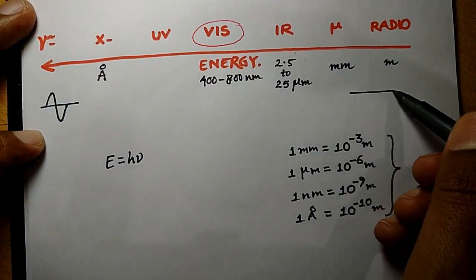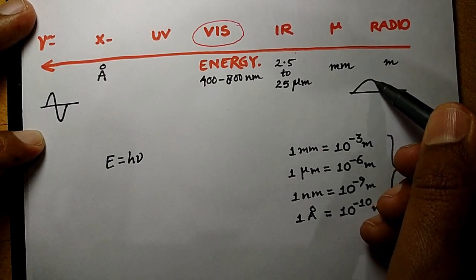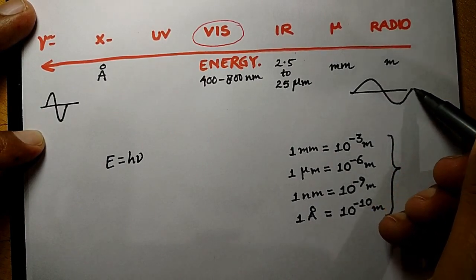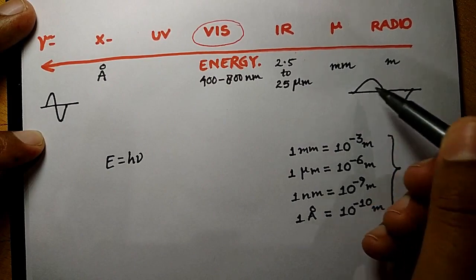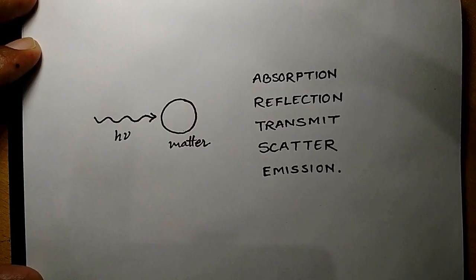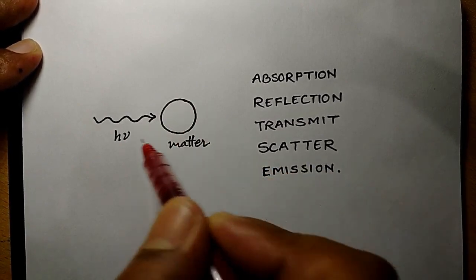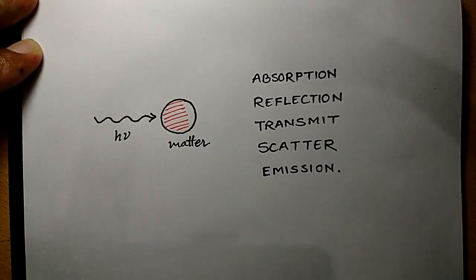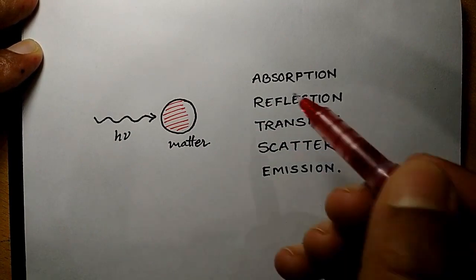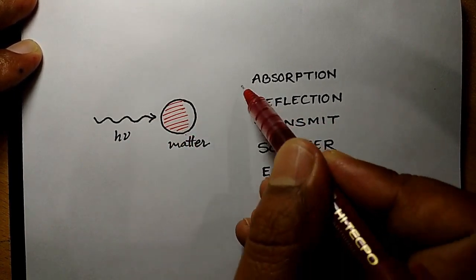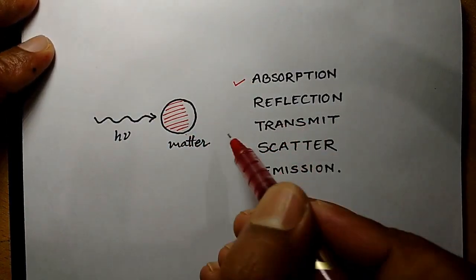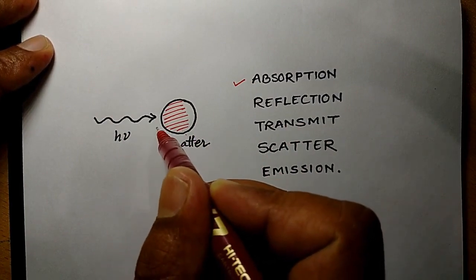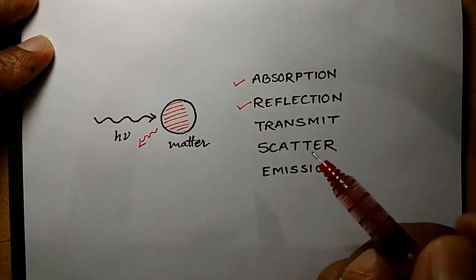Now let us come back to the question, what happens when the matter and electromagnetic radiation interact? In fact, there are many possibilities. Radiation which is striking on a matter may get absorbed, it may get reflected, it may get transmitted, or it may get scattered, and sometimes a different radiation of different wavelength may get emitted.